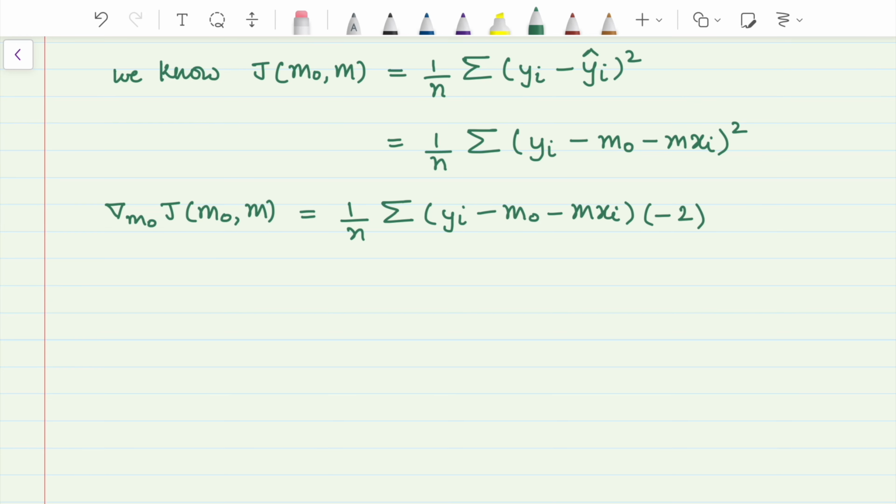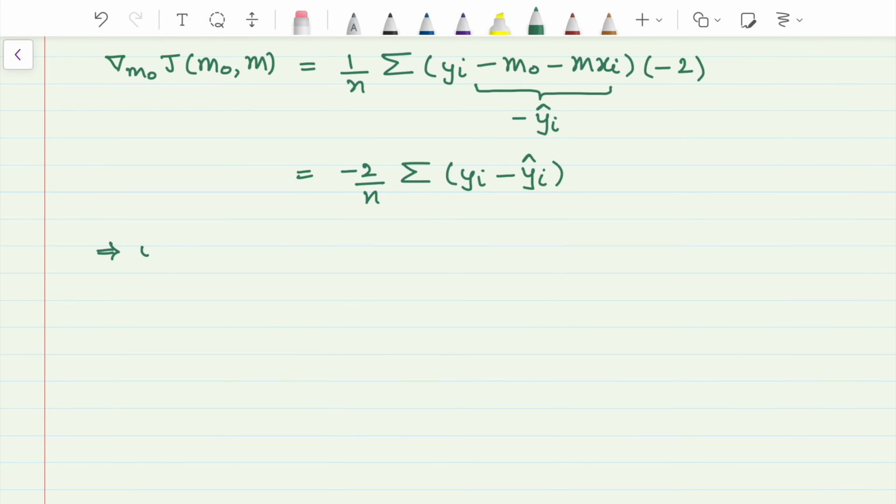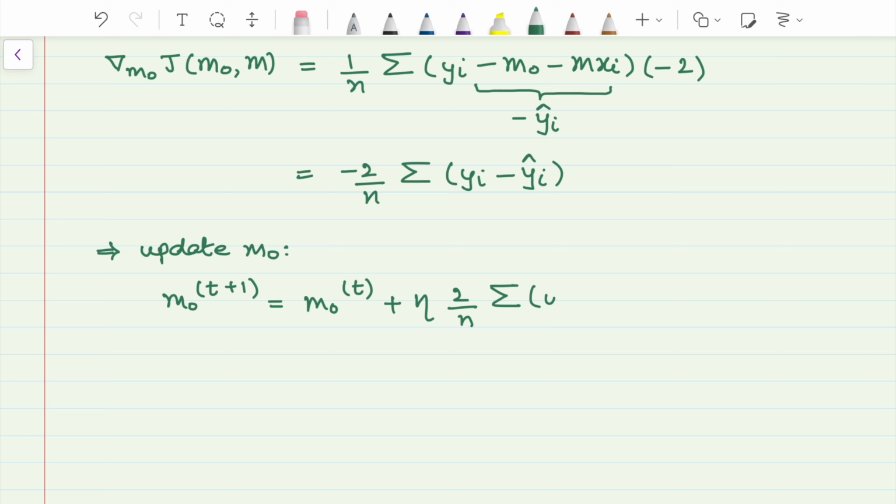This can be written as minus 2 by n times summation of yi minus yi cap. The update equation with respect to m0 is m0 at t plus 1 equals m0 at t plus eta times 2 by n into summation yi minus yi cap.